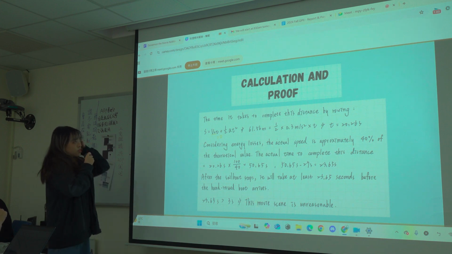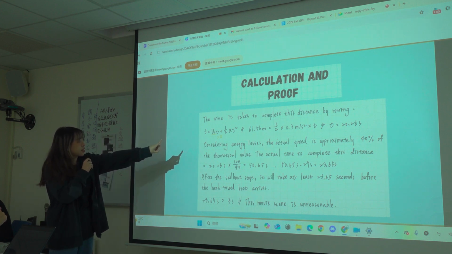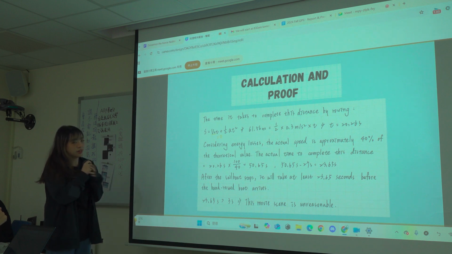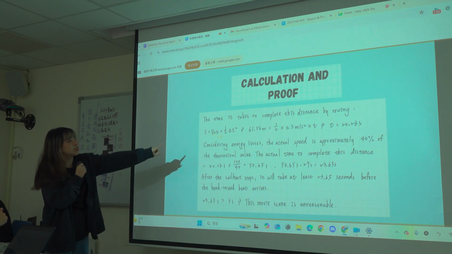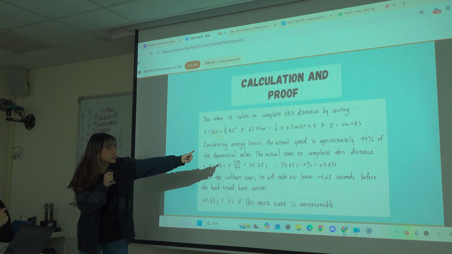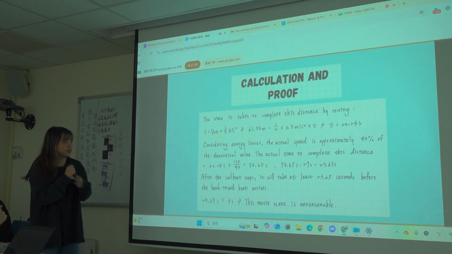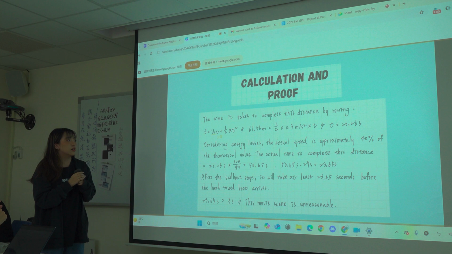And the time it takes the rowing boat to complete this distance is 20.26 seconds, calculated two slides ago.